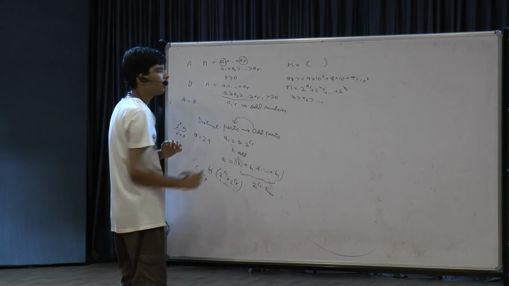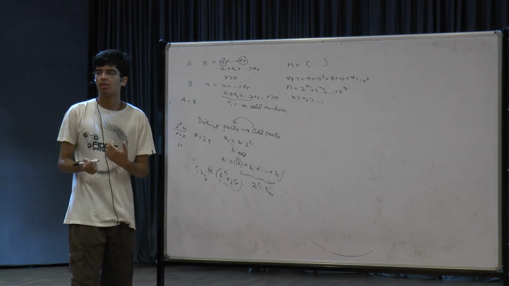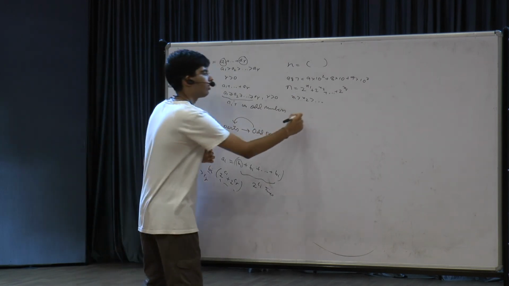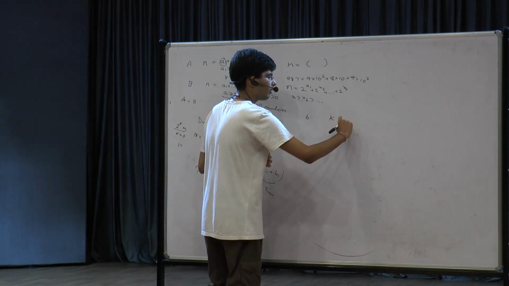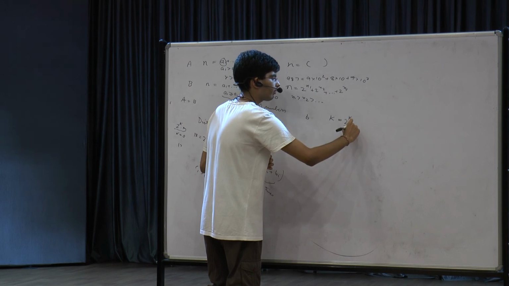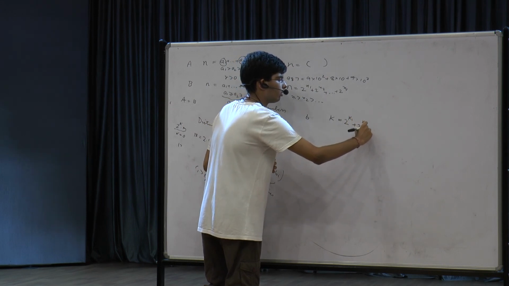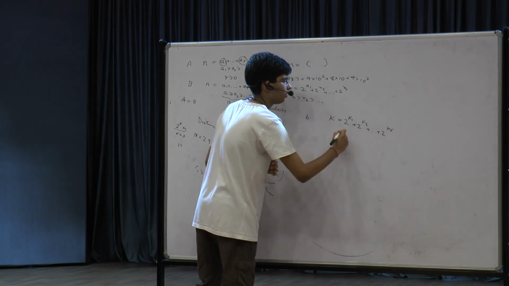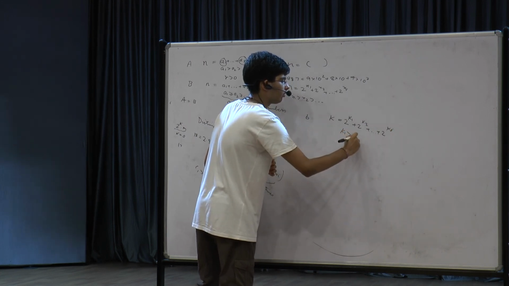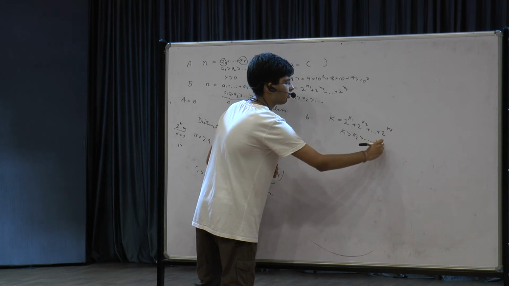Since we are allowing equality here, it may so happen that some part occurs k times. So let's say b is a part and b occurs k times. And suppose k can be written as 2 power k1 plus 2 power k2 plus 2 power kj, with k1 greater than k2 greater than so on till kj.